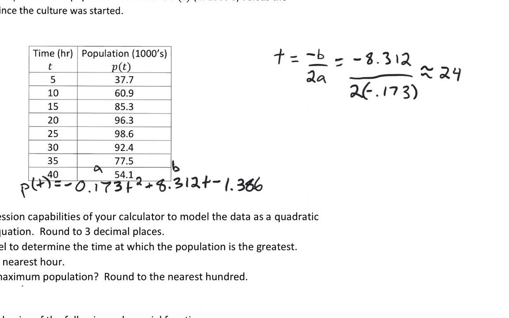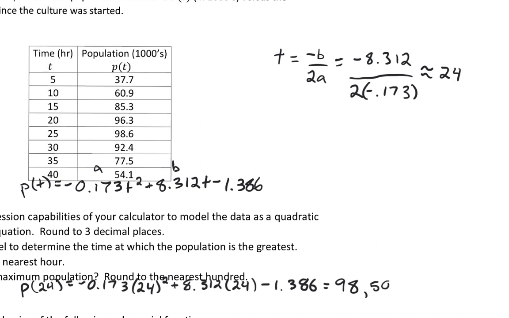So we'll have that P of 24 equals negative 0.173 times 24 squared plus 8.312 times 24 minus 1.386, and this is equal to 98,500, and that's after we rounded to the nearest hundred.